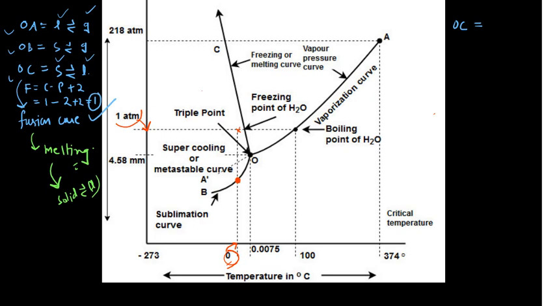So, one thing is quite clear, whether you follow the curve OA, the curve OB, or the curve OC, in all the cases two phases are there, and when two phases are there for a single component system, mathematically the degrees of freedom are only 1. Again the same thing you can say here, you need to specify any one thing, either you can specify temperature, this will give you the corresponding pressure, and if you specify the pressure, this will give you the corresponding temperature.